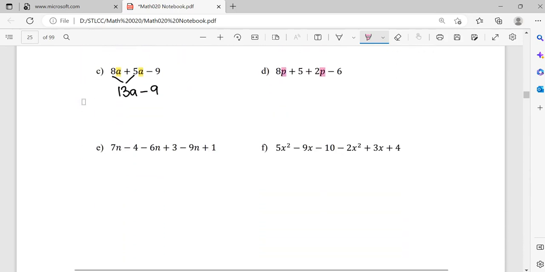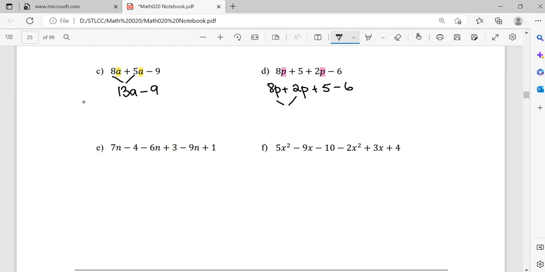On longer problems, you might want to start doing that. So let's rearrange it. I would rewrite 8p plus 2p, so now the p terms are together, and then copy down plus 5 minus 6. Some people underline, circle, or color code their like terms. That works too. Rearranging them is one of the ways of identifying like terms and putting them together. So now I can do this.